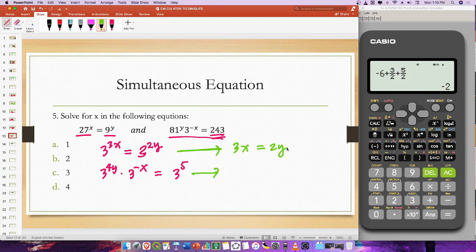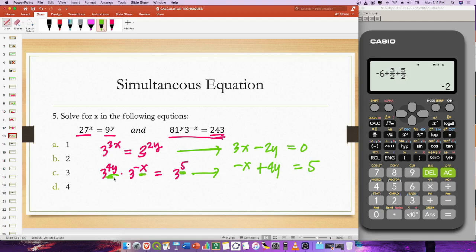But in this case, I will equate this to 0 by transposing 2y to the other side of the equation. That becomes 3x minus 2y equals 0. In the other equation, I will rearrange that so that we have negative x plus 4y equals 5. Take note, I just equated the exponents here.